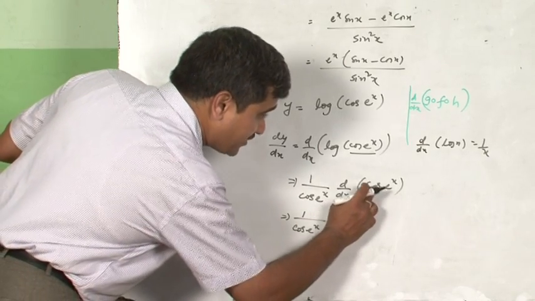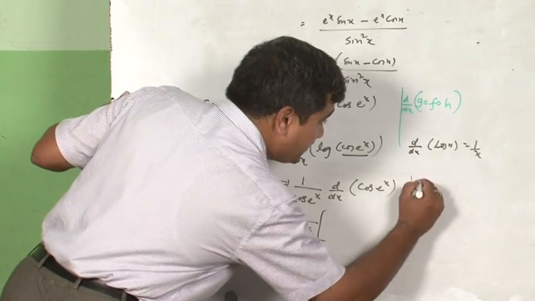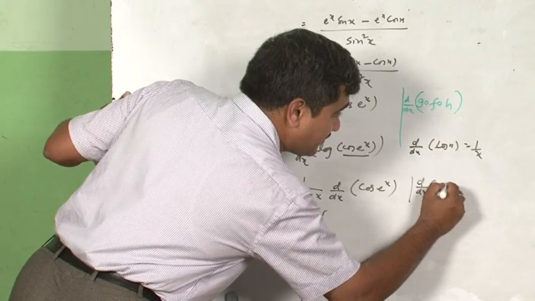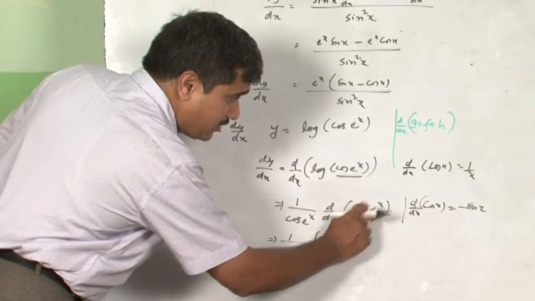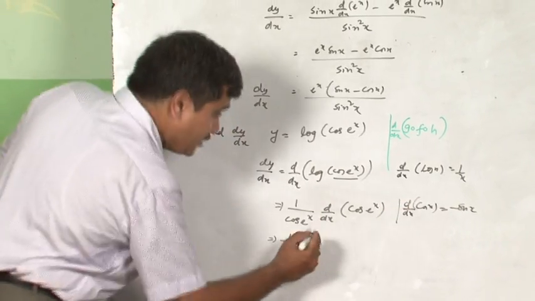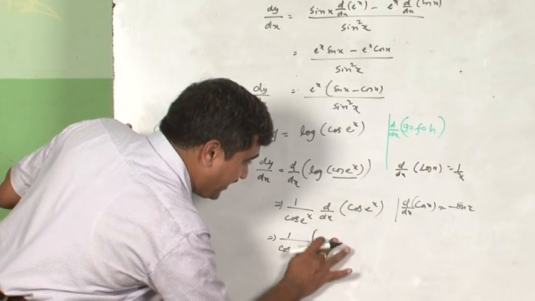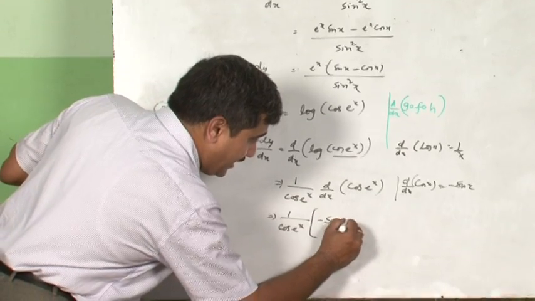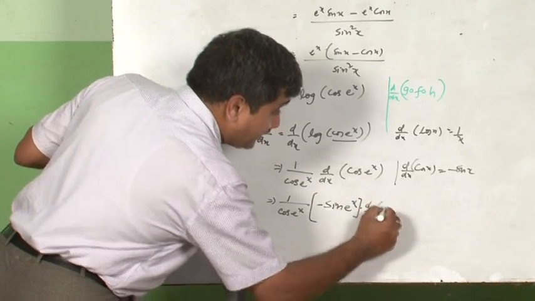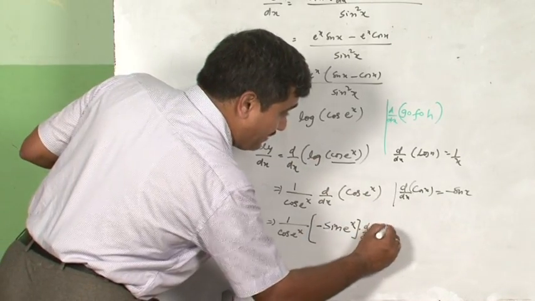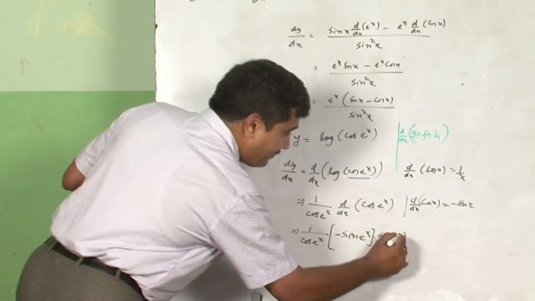Here, first differentiate cos. What is the differentiation of cos x? Cos x differentiation is minus sin x. Here cos has e power x but not x. So first you differentiate it and write sin e power x, into again differentiating the one which is not x, that is e power x. So what happens here?